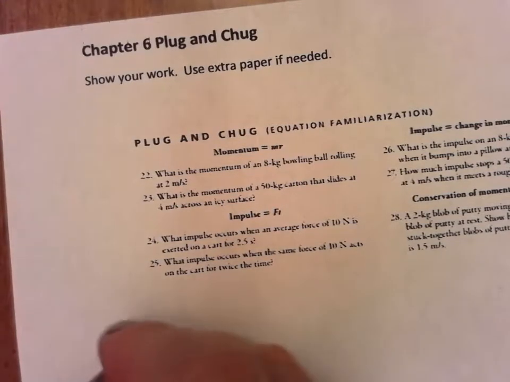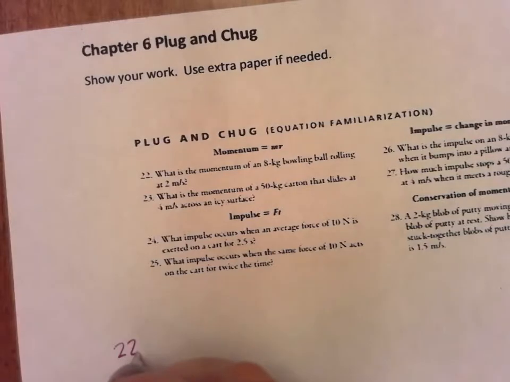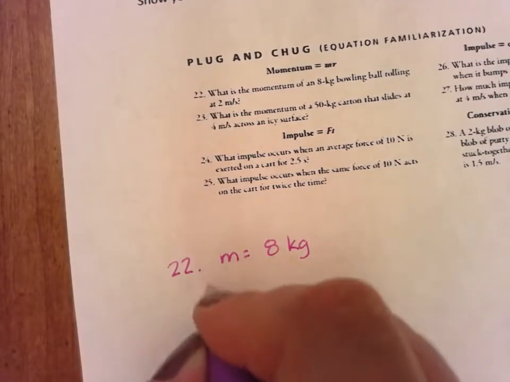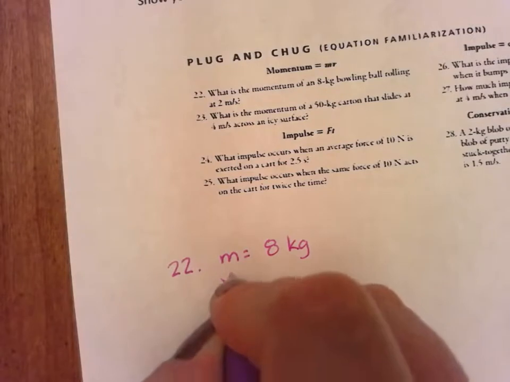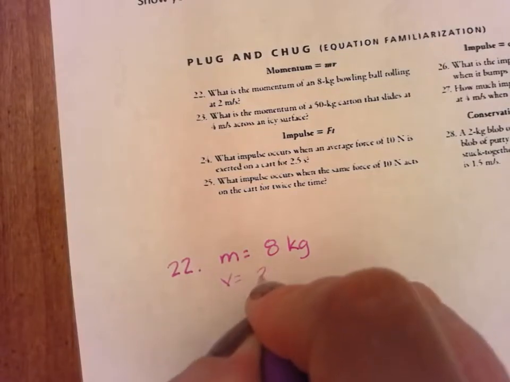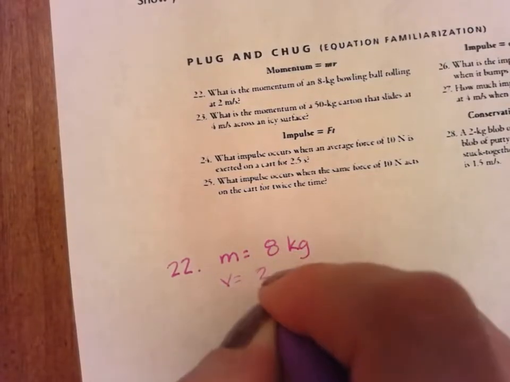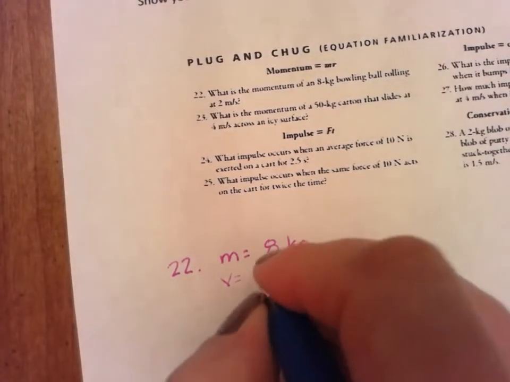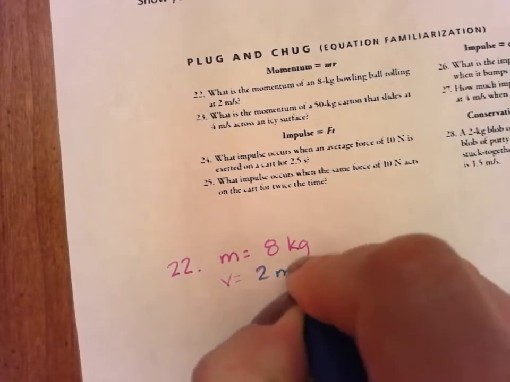So for number 22, the mass equals 8 kilograms. The velocity equals 2 meters per second.